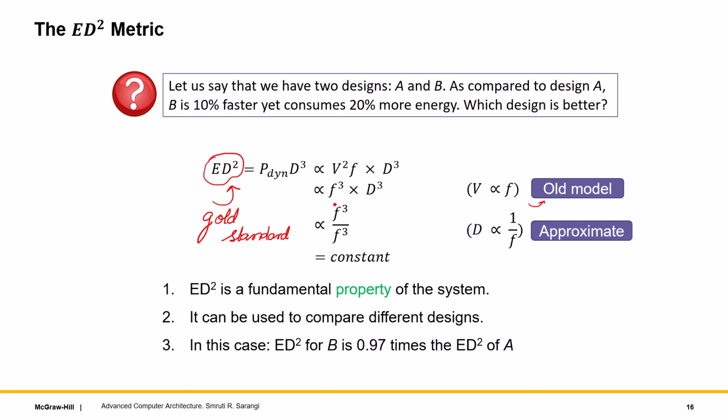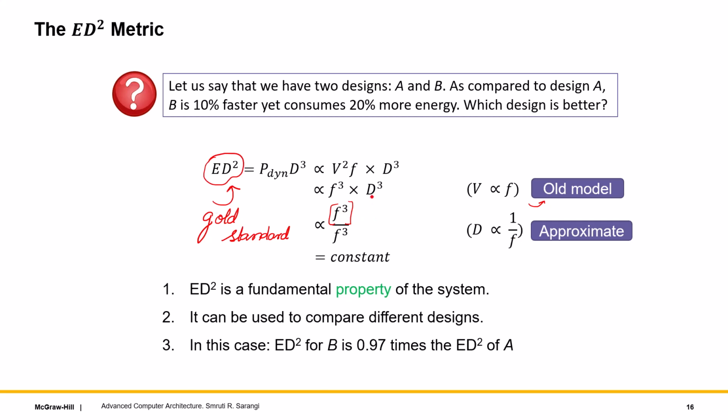Then I further assume that the duration of the program is proportional to 1 by frequency, which again is approximate. I'm not saying it's exact if you consider accesses to main memory, but let's make that approximation that it is inversely proportional to the frequency. So if I double the frequency, the program executes in half the time.